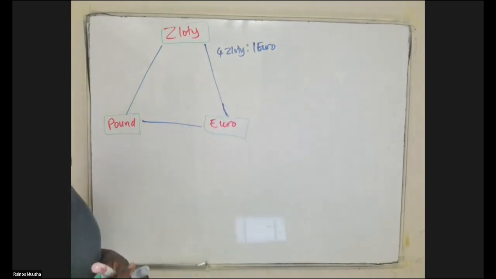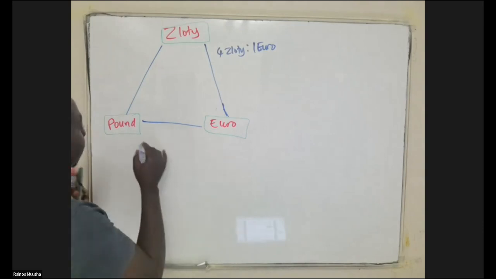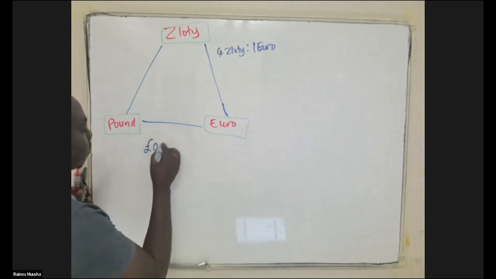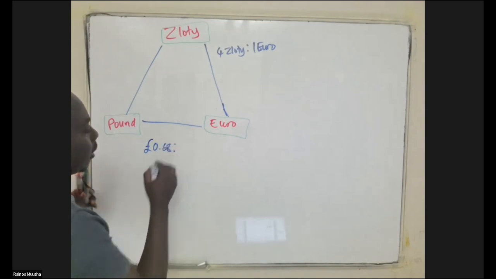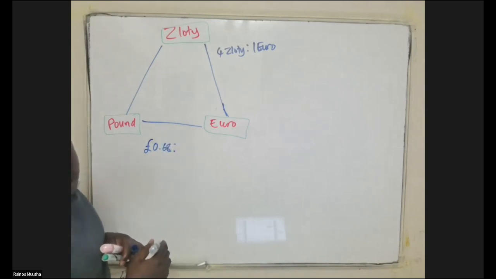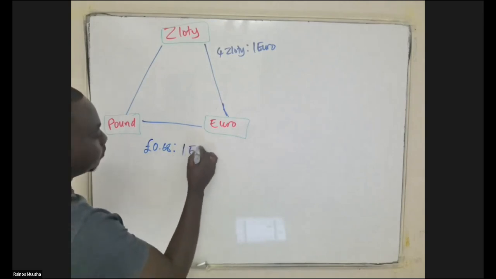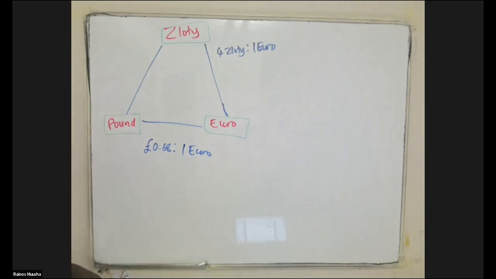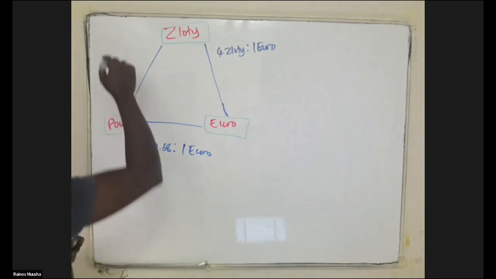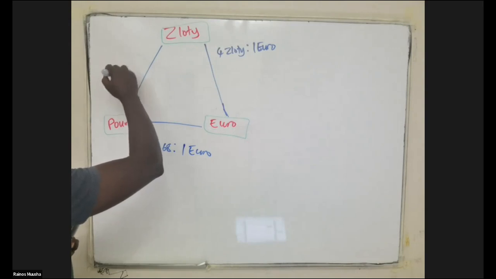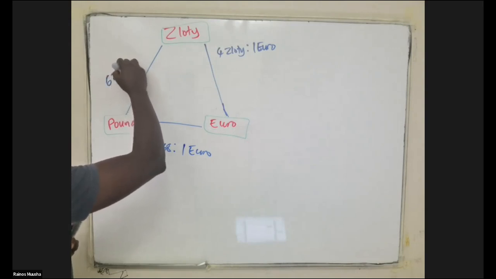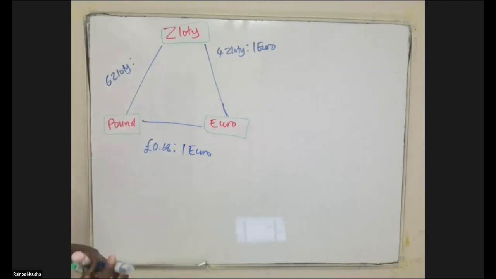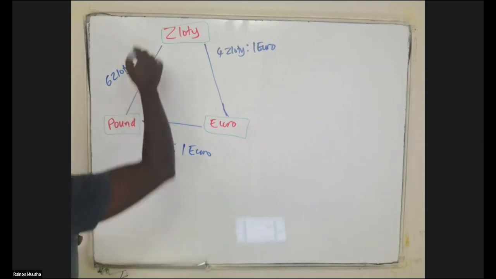And at the same time, 0.68 units of the pound gives you €1. And then they also tell us that 6 units of the zloty gives you £1.